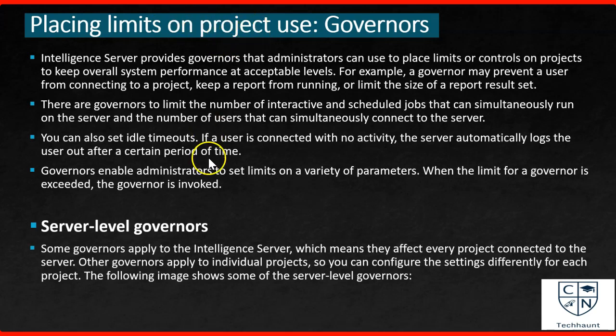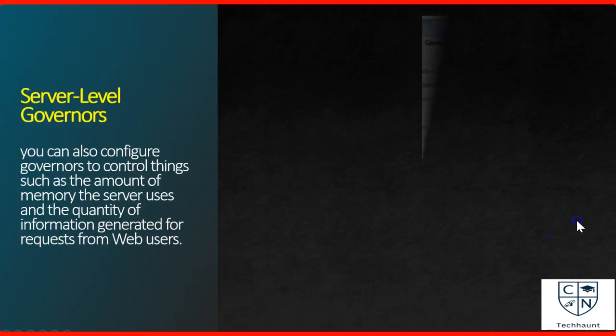If you want the limitation at all project levels, then you can configure the governor policies at the intelligence server level instead of the project level. Other governor policies you can apply to the individual project, so you can configure the settings differently for each project.